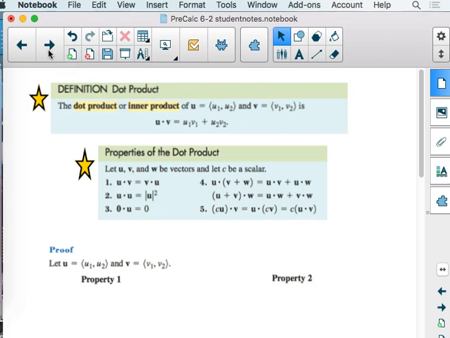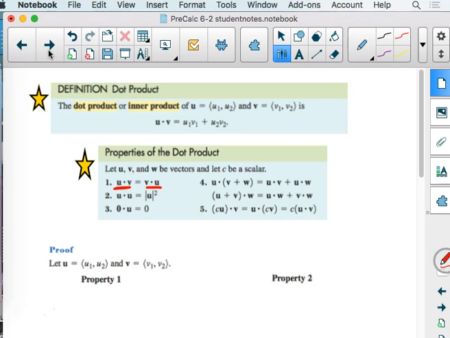It says here, u times v equals v times u. That's important. That's the commutative property. And that doesn't always work. When we were working with matrices, you couldn't do that. Matrix A times matrix B was not necessarily the same as matrix B times matrix A. So it's good to know that the commutative property works there.